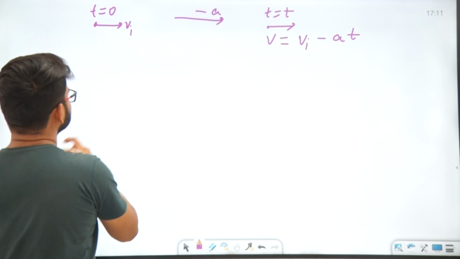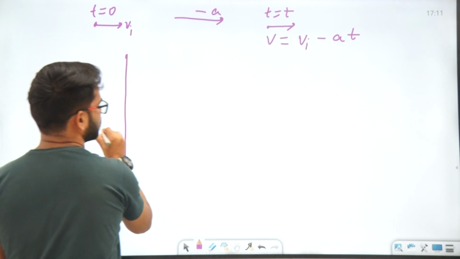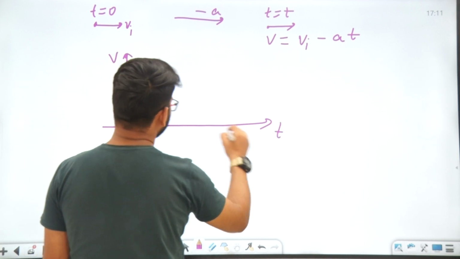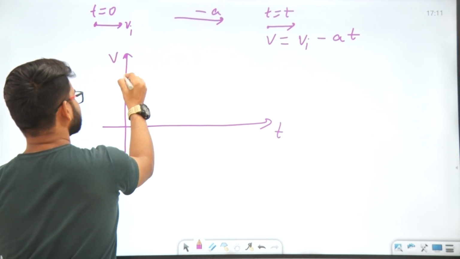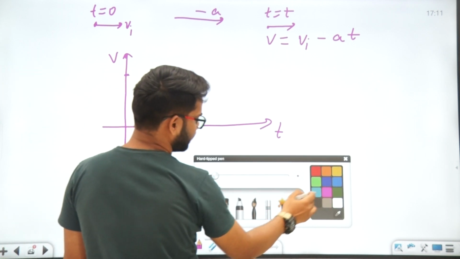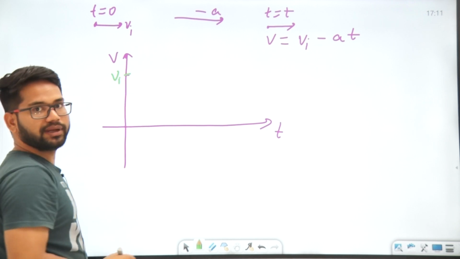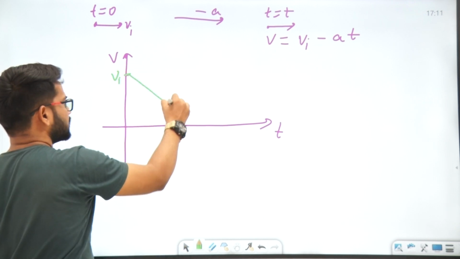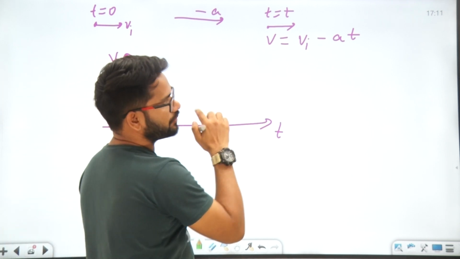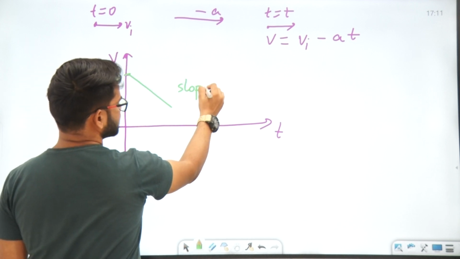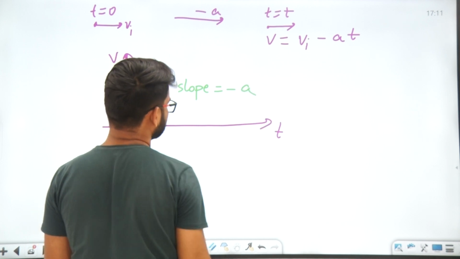So in this situation, what will be the graph of variation of velocity with time? Initial velocity is some vi, and from there it will be decreasing, right? Vi minus at. Here the slope, you will see, will be minus a, right?